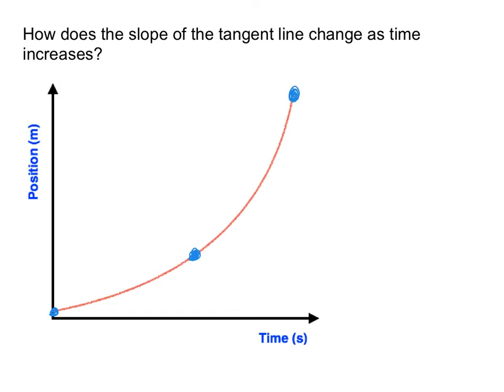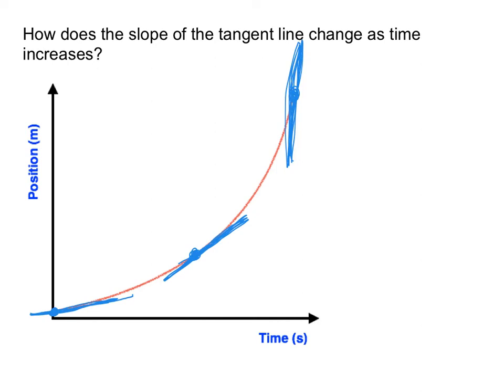And at this point, I just want you to observe how the steepness changes. So the first tangent line looks like this. Second tangent line looks like this. And the third tangent line, whoops, looks like this.